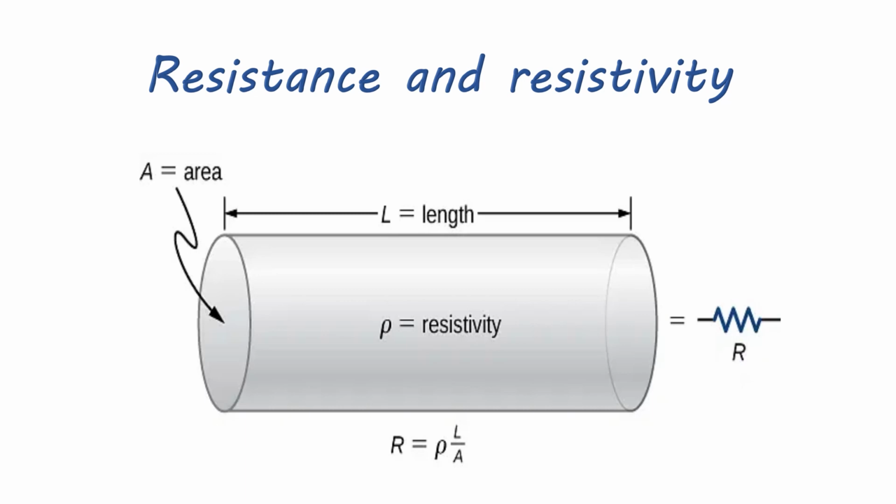Just suppose that this is an electric conducting wire. So here the resistivity is major. Resistivity doesn't depend upon the charges, but it depends upon the material, the area and the length.